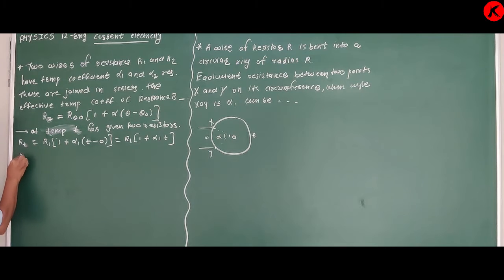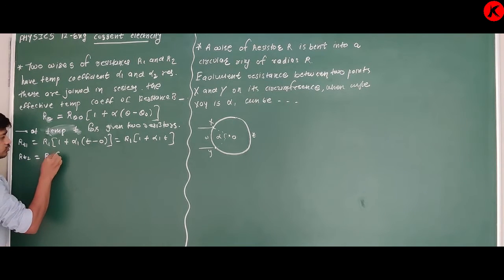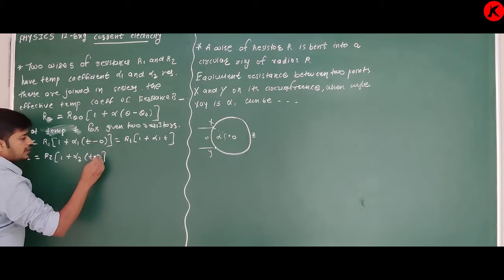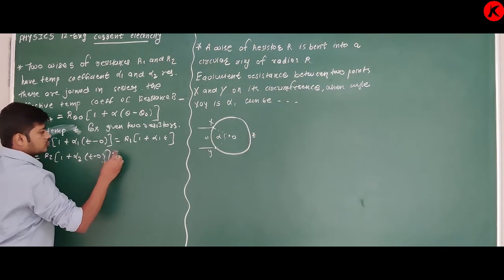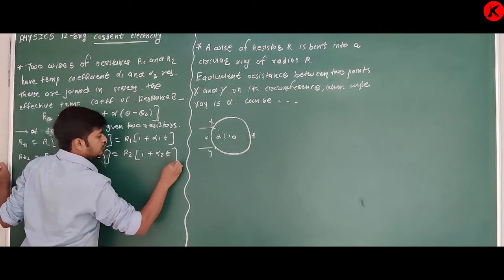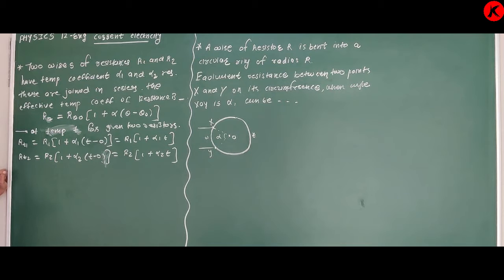Similarly, the resistance of the second wire at temperature T is RT2, which is R2 into 1 plus alpha 2 into T minus 0. I am assuming that, so it is R2 into 1 plus alpha 2 T. Clear about this?